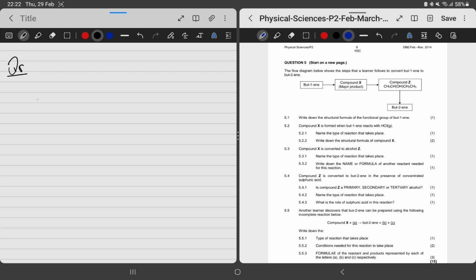But means 4 carbons, so it's 1, 2, 3, 4. Okay, and then at carbon number 1, I am going to have a double bond, because it's but-1-ene. So this is going to look like that.